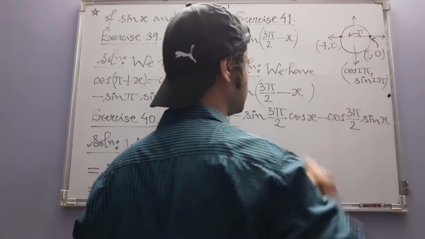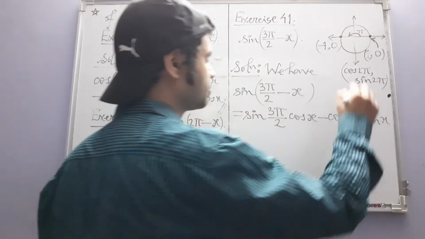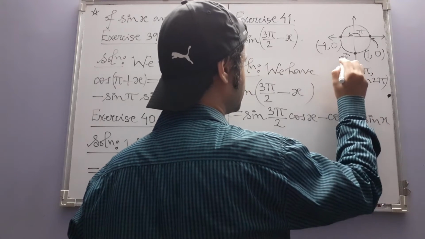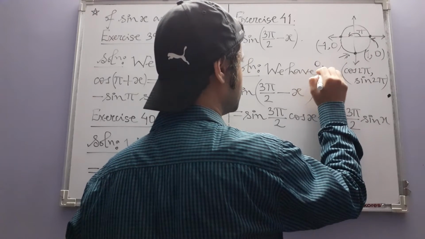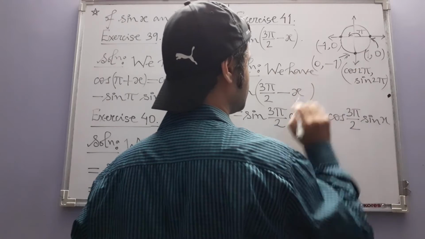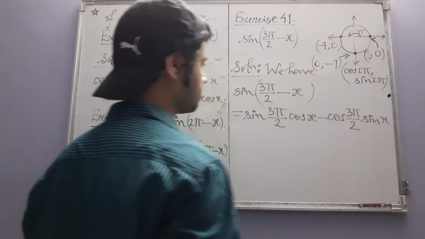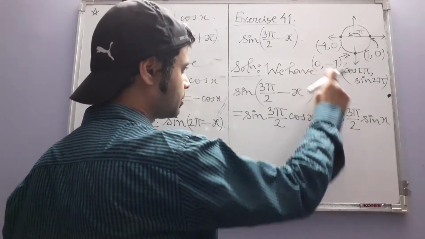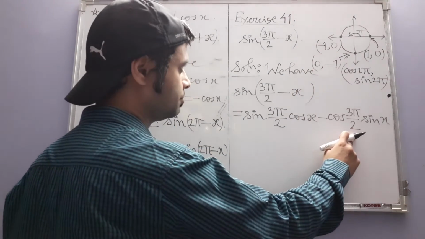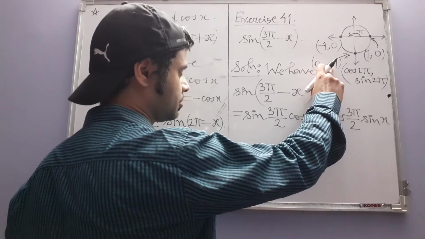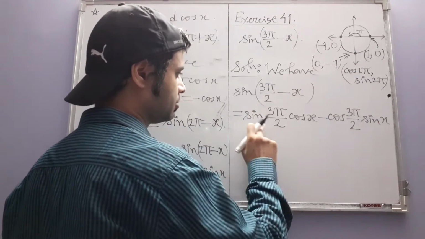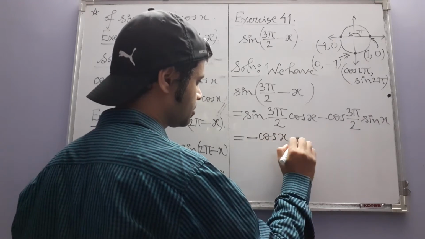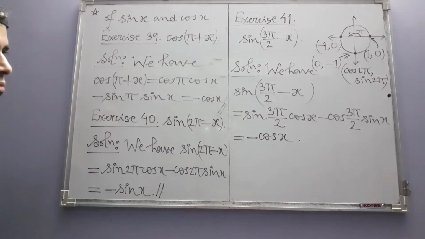So this is the final grade, and the coordinates of this point are 0, minus 1. So cos 3 pi over 2 is 0, but sine 3 pi over 2 is minus 1. So that means minus cos x. That's just it.